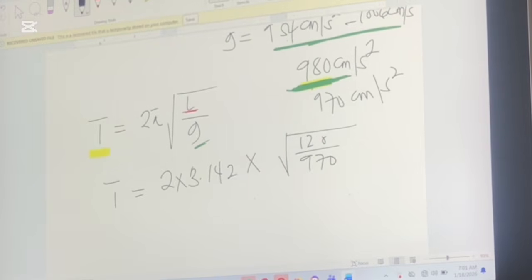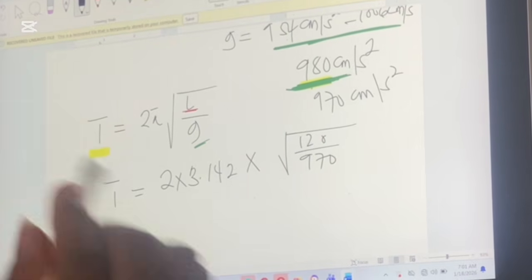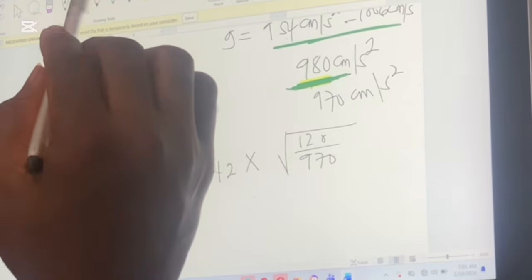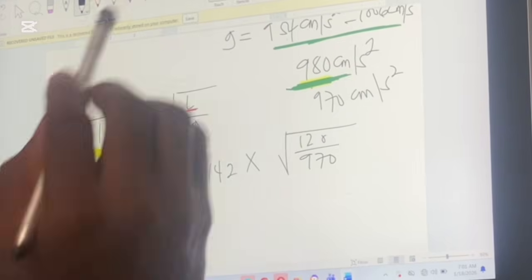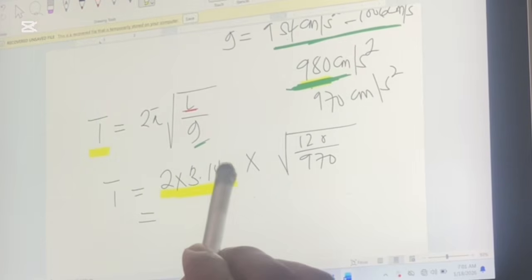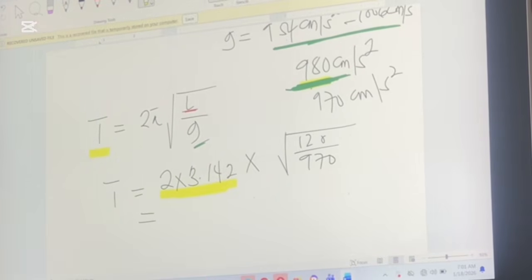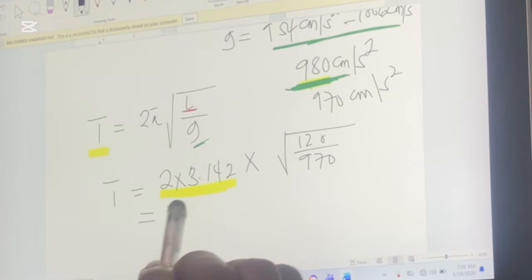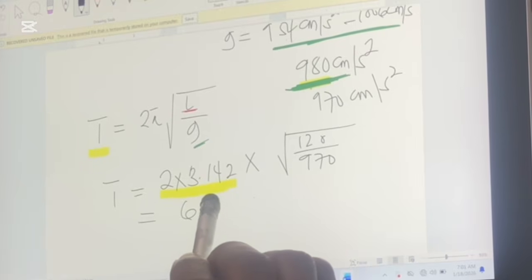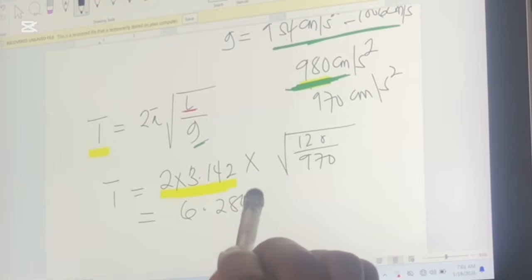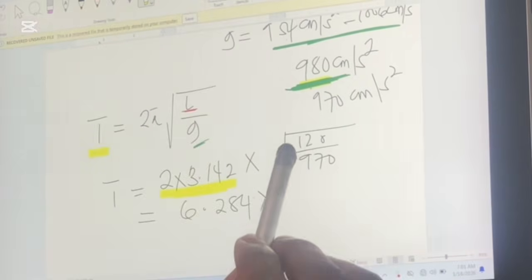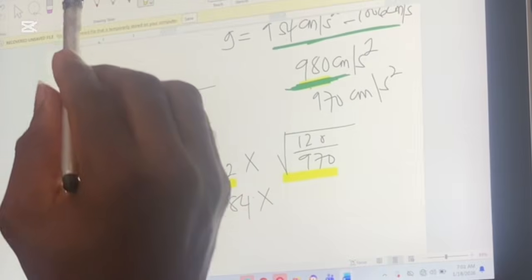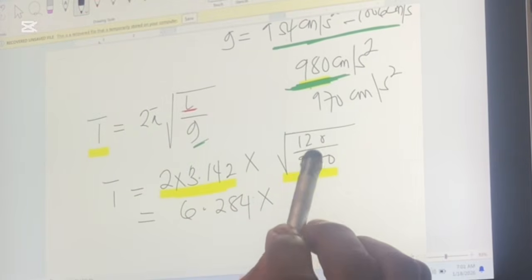When you punch your calculator, 120 divided by 970, square root of it, this will give us 2 times 3.142, which is 6.284, times this one here.